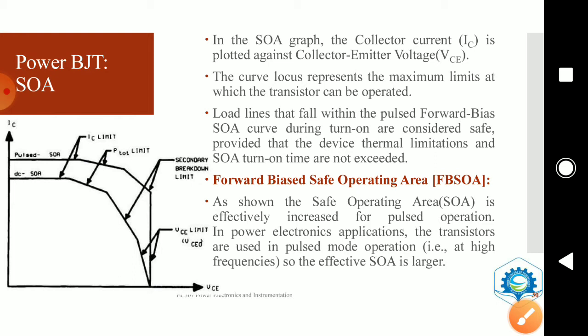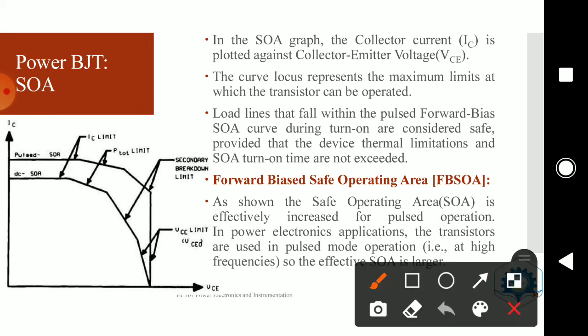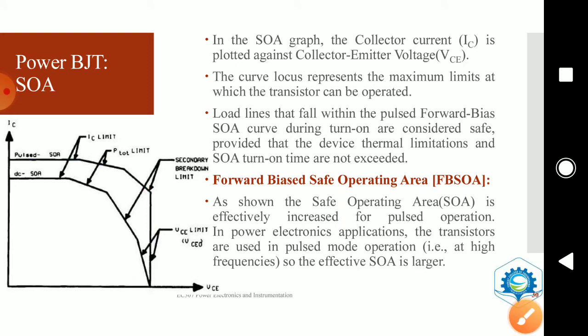Usually, our power electronics deals with pulsed operations, and therefore we get a higher value of current and voltage that the transistor can withstand. So using these devices in power electronics applications is a plus point for us.